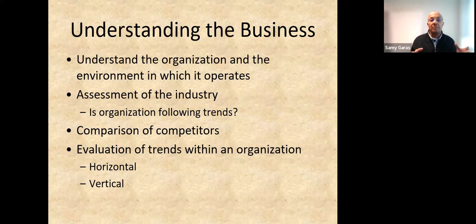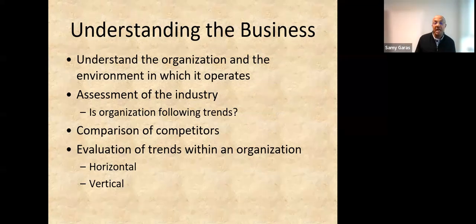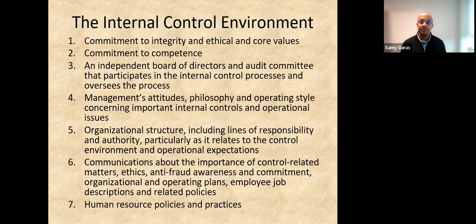How much the company did this year, and how much the company did over the years. The auditor has to check both of them to see if this is legitimate growth or not, and if there is a shrinkage, is there a legitimate reason or not?